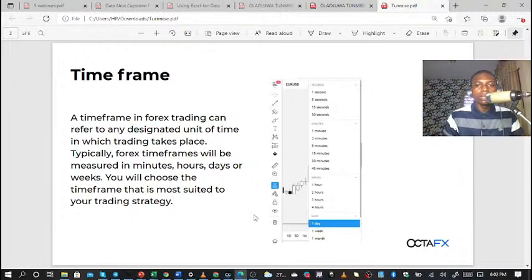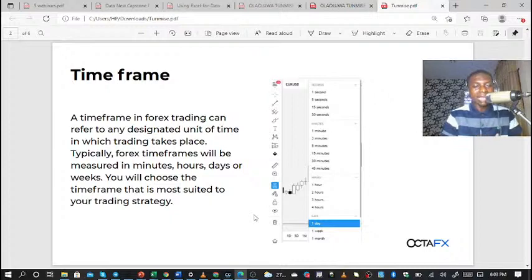From the word time and frame, you understand that time is like you're trying to track the difference between an hour to 2 hours, 1 hour to 4 hours, 30 minutes to 5 minutes.